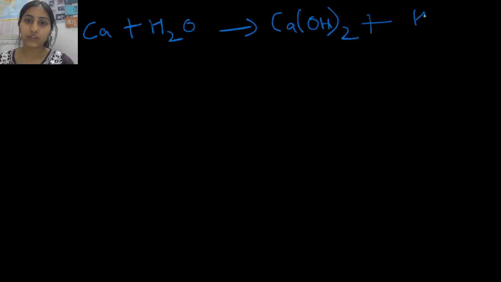So how would we balance this particular reaction? There is just one calcium atom, right? Over this side as well as this side. There are two hydrogen atoms and one oxygen atom. And here there are 2 plus 2, 4 hydrogen atoms and 2 oxygen atoms.